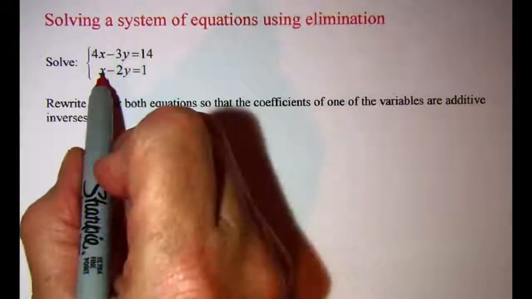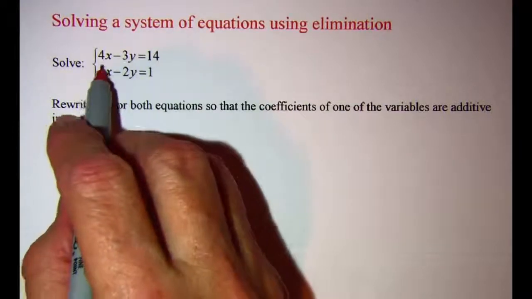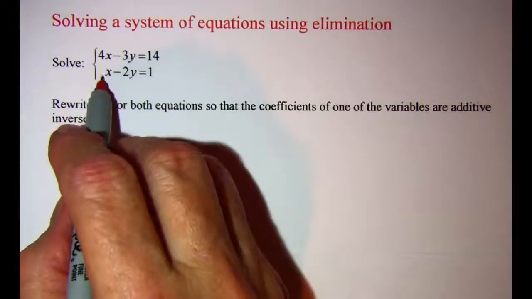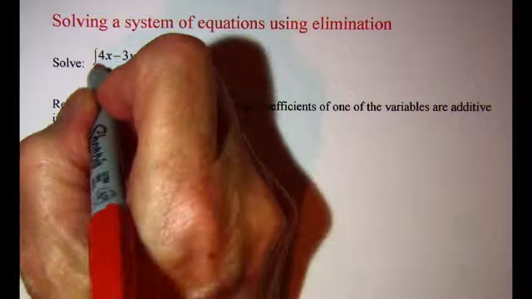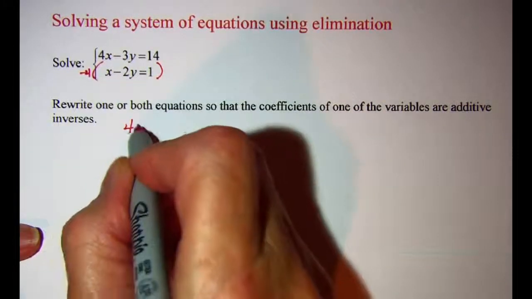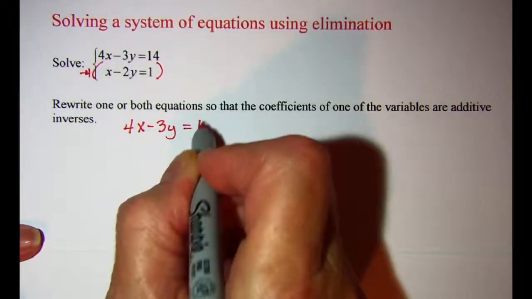So I'm going to go ahead and change the coefficient of this term to a negative 4 so that when I add these two together, they'll go away. So that means I'm going to multiply this equation by a negative 4. Let me copy my top equation down: 4x minus 3y equals 14.